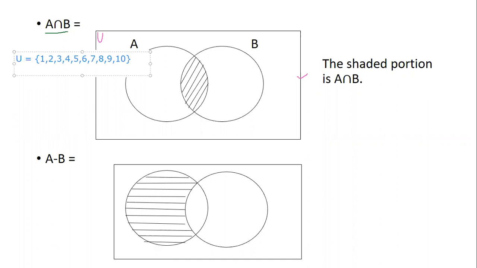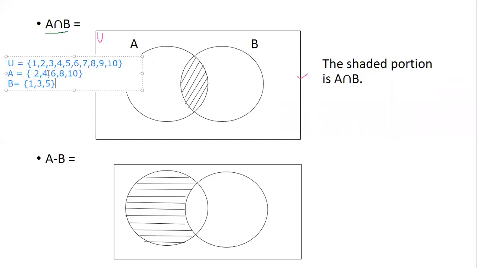Then we have set A, which is 2, 4, 6, 8, 10. Then we have set B, which is 1, 3, 5, 7 and 9. So this is an example.